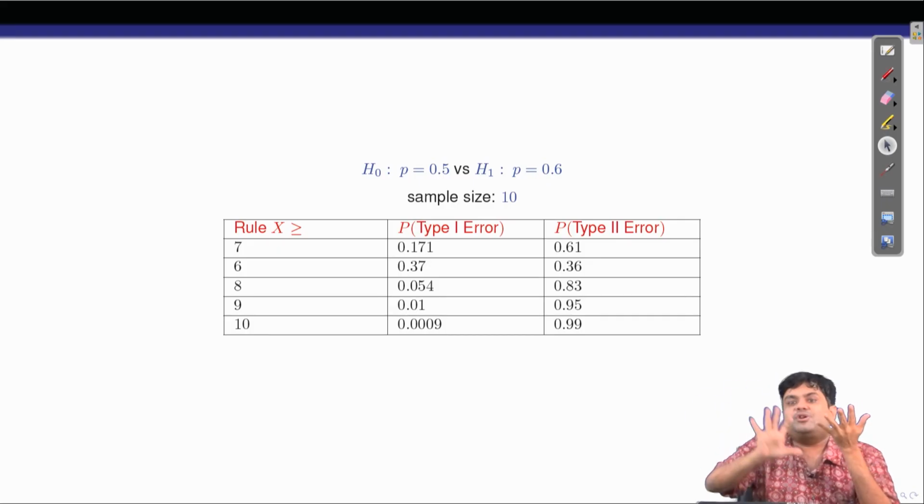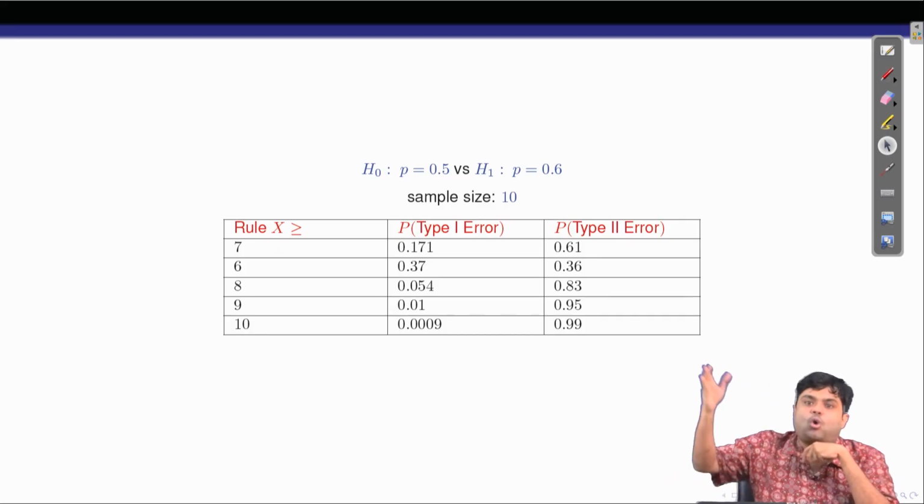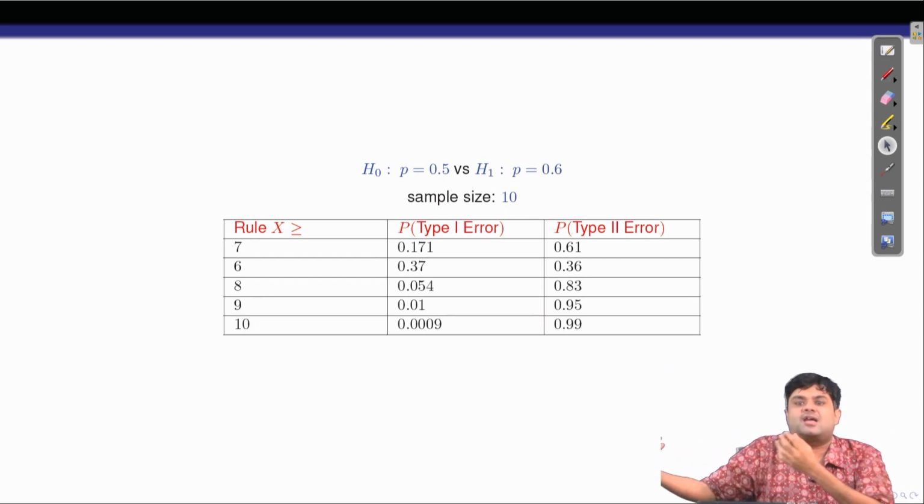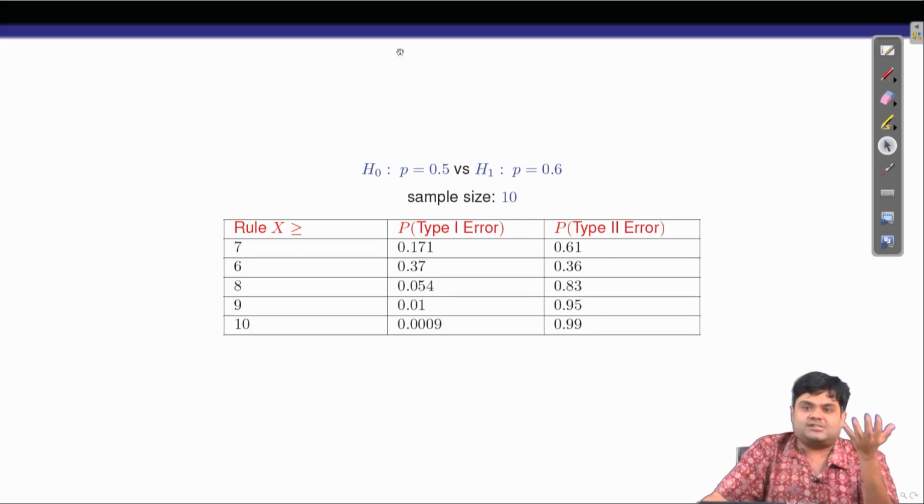Rejecting the null hypothesis for 7 or more heads is definitely a bigger set than rejecting it for 8 or more. So, the second one definitely should have less type 1 error, that is, less probability of rejecting the null hypothesis wrongly. That is clear here, this is less than this. For 6 it is of course more. So, you can see that the bigger the region, the type 1 error keeps going up.